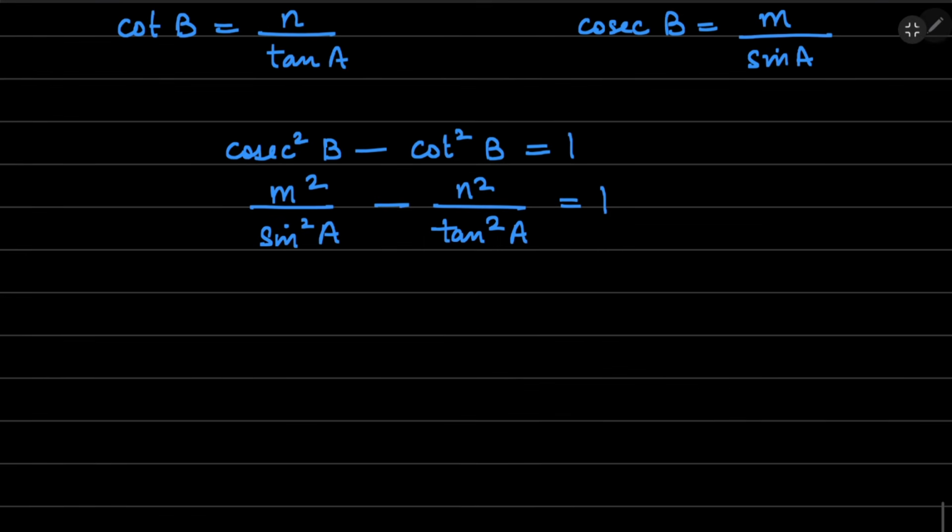Now what can I do? I'll convert this tan into sin and cos. So m square divided by sin square A minus n square divided by sin square by cos square.